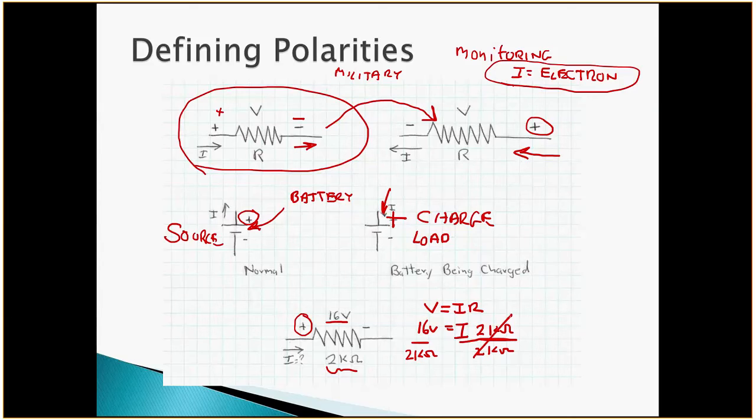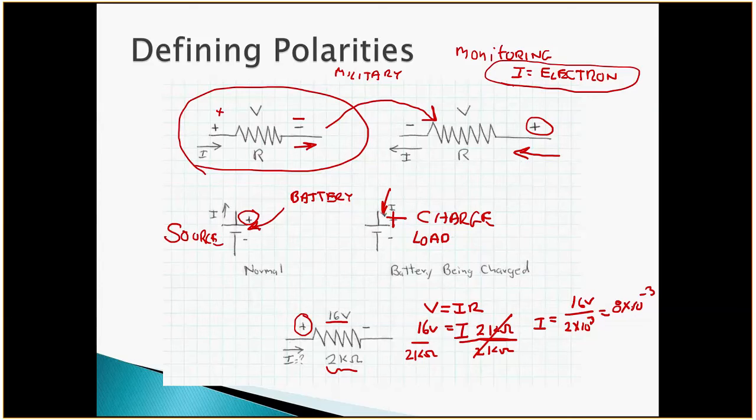That gets rid of it on this side. So I find out that my current is actually 16 volts divided by 2 times 10 to the third. So remembering back to our math class, 16 divided by 2 is 8. And 10 to the 3, bring it to the top, is 10 to the minus 3.